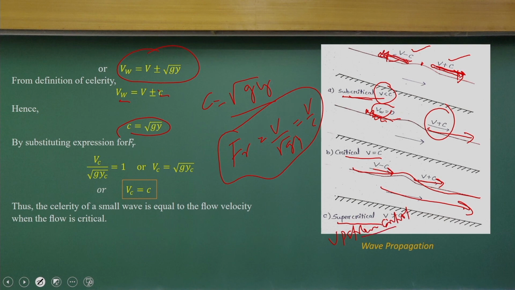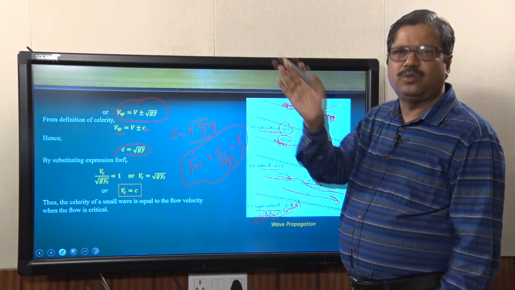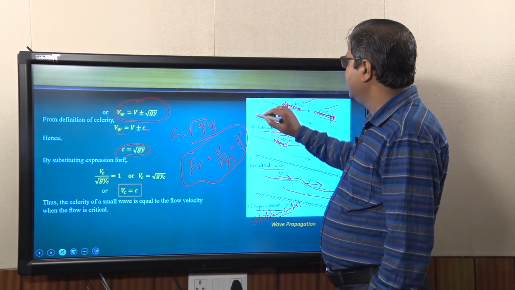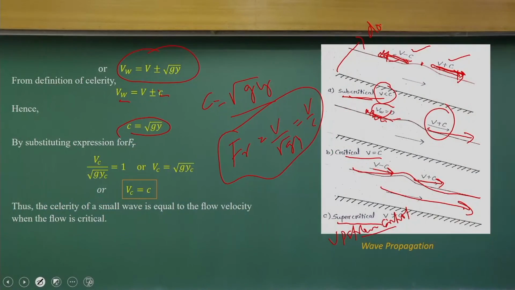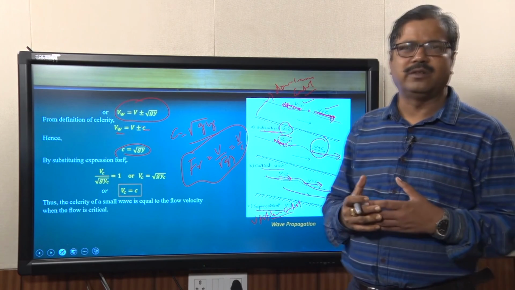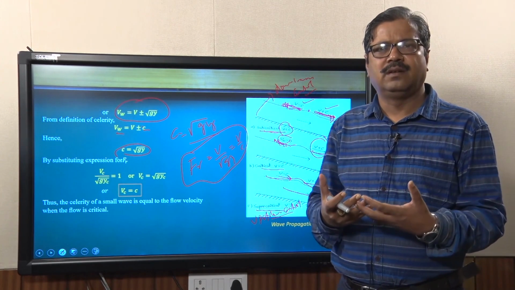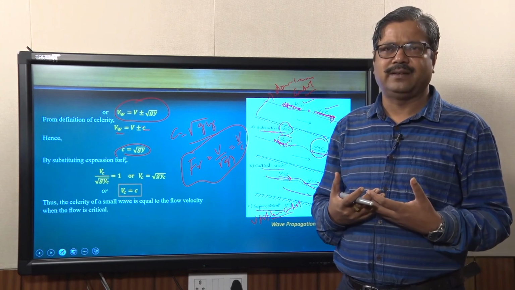But in the case of subcritical flow, if you create any disturbance, it moves both upstream as well as downstream. That means it can start from the downstream and go to the upstream. That is the reason it is called downstream control. This information is necessary when you do river modeling, whether the flow is subcritical or supercritical.